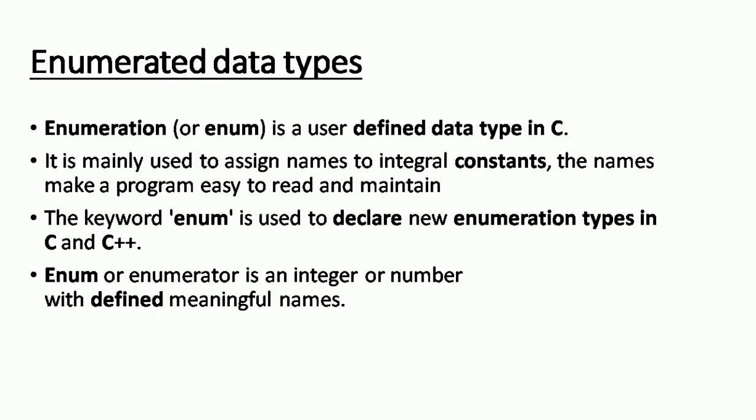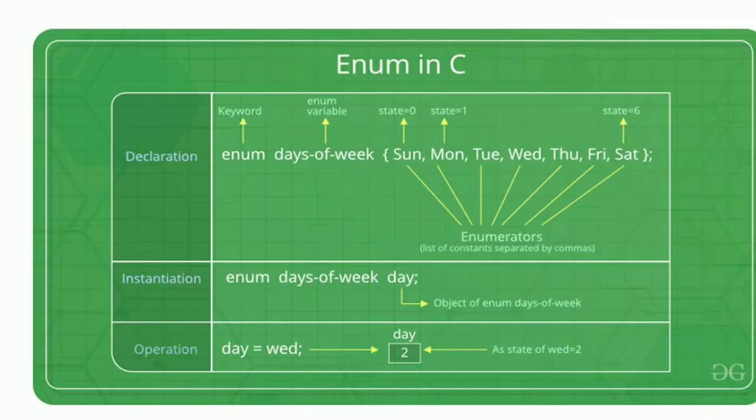Then go to the structure. What is the enum structure? Here see, one different structure is there, and that is the syntax of that declaration part. Next, enum: the topmost arrow indicates the keyword. Days of week: the top arrow indicates the enum variable.